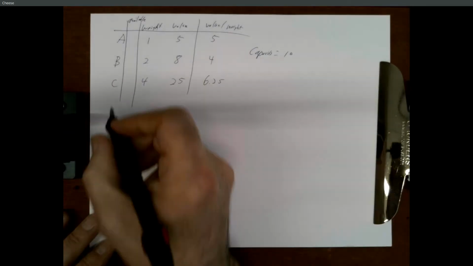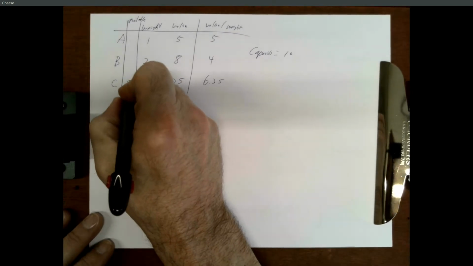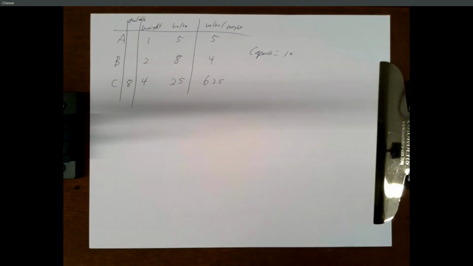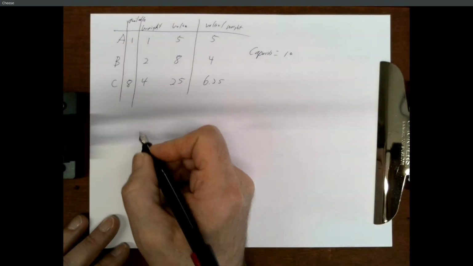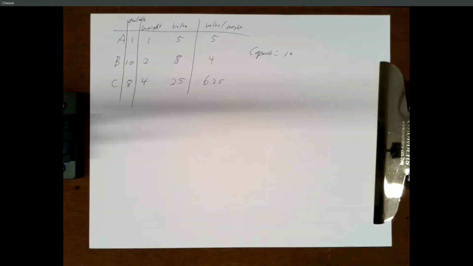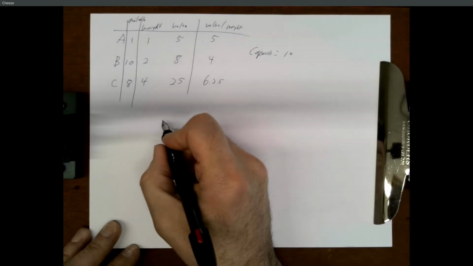For example, maybe we only have 8 pounds of item C and only 1 pound of item A and 10 pounds of item B. Well, how should we pick our items and put them in our bag to get our maximum value, assuming we can take fractional amounts of these things? What would be our best solution here? Just take the most expensive item and build it out, and then take the next most expensive item.